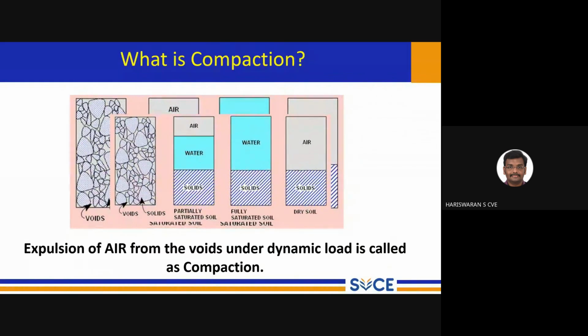If the compaction is not uniform or not completely achieved, ultimately the performance is going to be affected. If any roads are constructed in a very short term without proper compaction, within 2 to 3 months, because of repeated movement of vehicles or repeated loading, automatically we can see more undulation on the surface of the wearing course or bitumen layer.